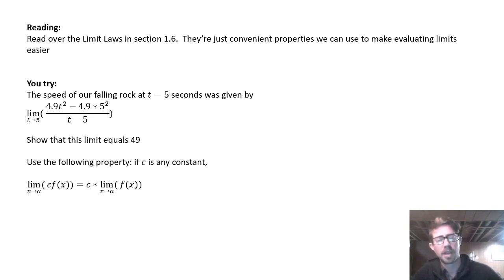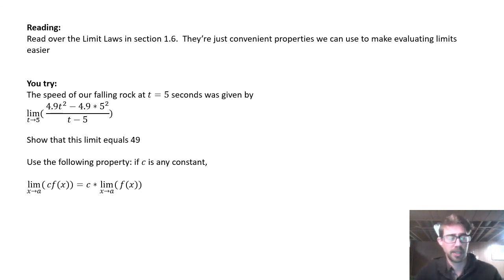You should do one. So if you think back to the example of a falling rock and trying to figure out its speed right at 5 seconds, we said, okay, this expression in the parentheses gives its average speed from t seconds to 5 seconds. So this is just delta y over delta x. It's just how far the rock fell divided by how long that took.